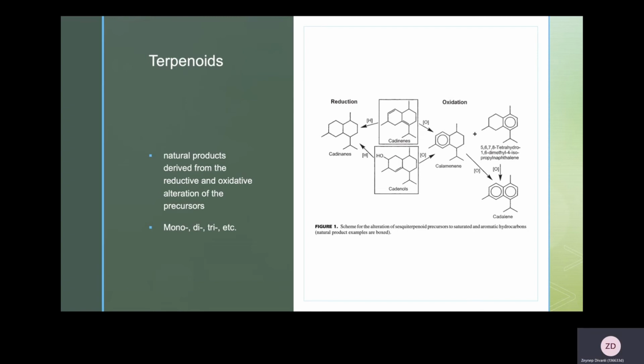Oxidative alteration occurs mainly by successive ring aromatization that usually commences from a ring which has a functional group, by a direct dehydration, ring rearrangement or ring opening, and subsequent loss. And usually the steroids used in biomarker tracers are derived from terpenoids.